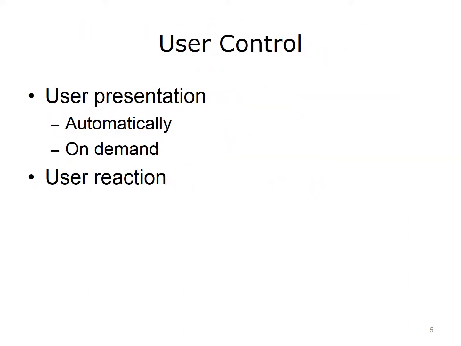Looking further at the challenge of knowing when the information from the CDS should be presented, that is, automatically or on demand, another factor that must be considered and presents its own set of challenges is deciding how much control the user has over the decision to use clinical decision support.